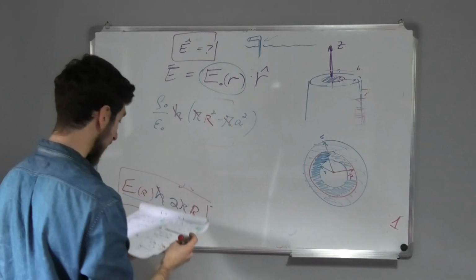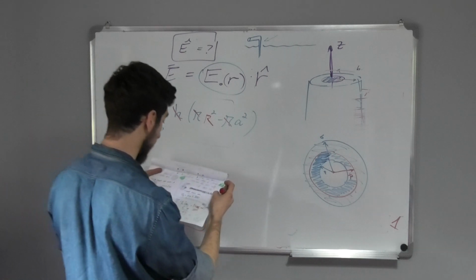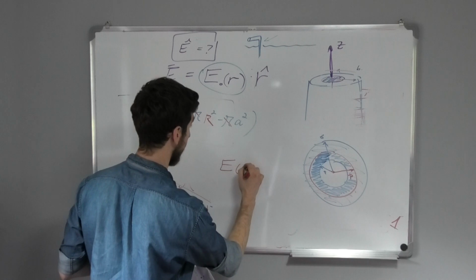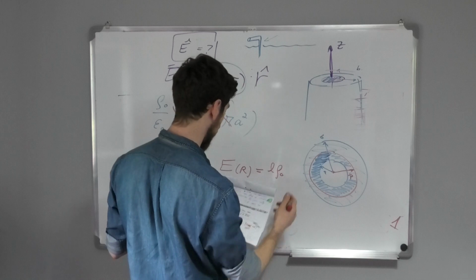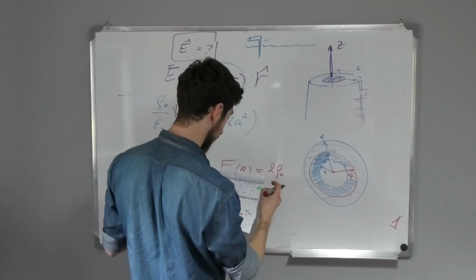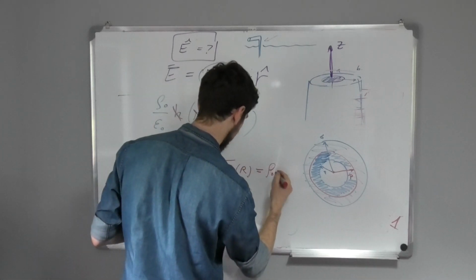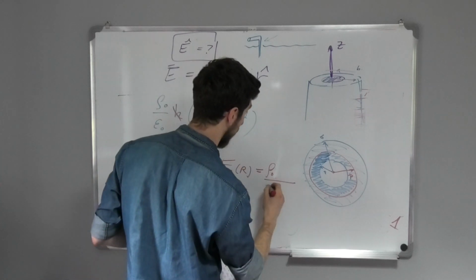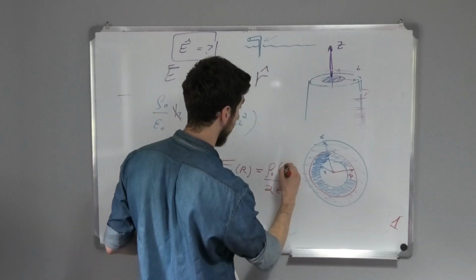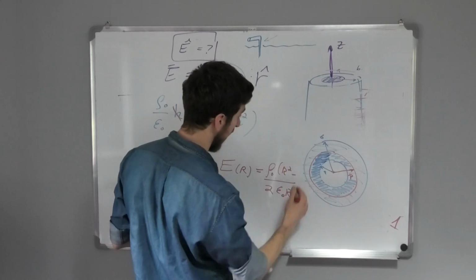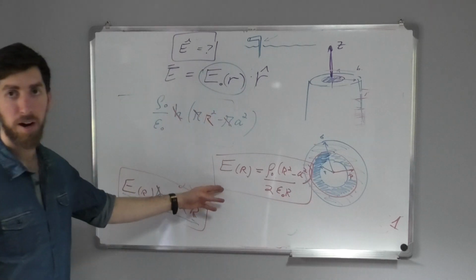H is falling, and the full answer is going to be that E at a distance r equals rho 0 over 2 epsilon 0 times r squared minus a squared. That's what we got. Okay, this is epsilon r.